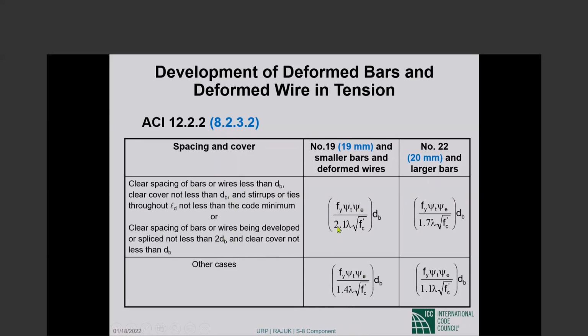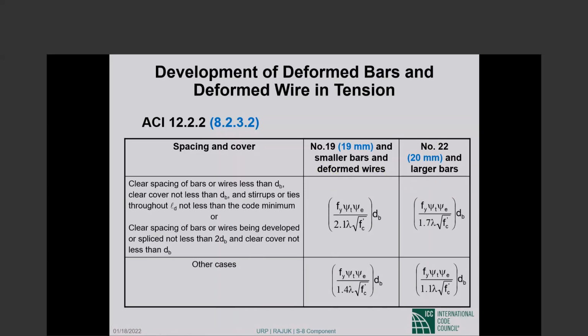The 2.1 changes to 1.4, 1.7 changes to 1.1. First of all, this column is for number 19 and smaller bars and deformed wire. This is number 22 and larger bars. All deformed wires, irrespective of size, are in the first column.